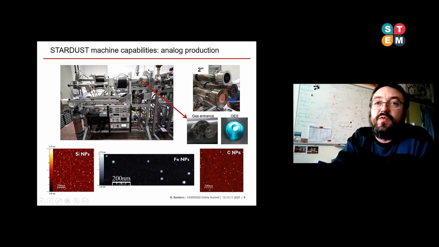Apart from that, we have designed an additional gas entrance, so we can inject gases inside the aggregation zone where all these atomic elements are vaporized from the targets. We can inject gases, and we can also perform optical emission spectroscopy. These are just some examples of what we have done based on pure elements. We are able to produce pure silicon nanoparticles, or pure iron, or pure carbon.